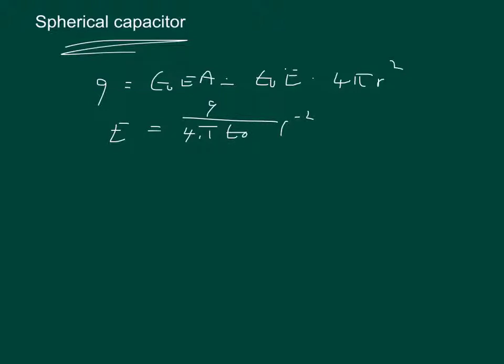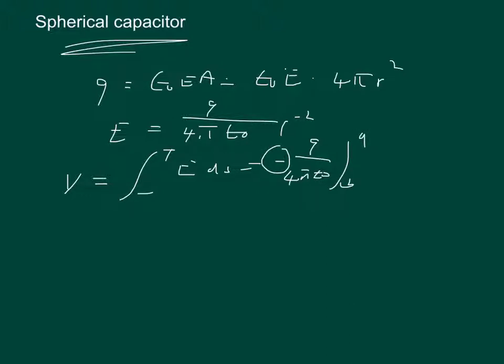If we integrate this for electric potential from negative to positive, E ds, this will give you negative Q over 4 pi epsilon naught, integrated from b to a. And be careful, the reason we have a minus sign here is because we're integrating from outside inward radially.